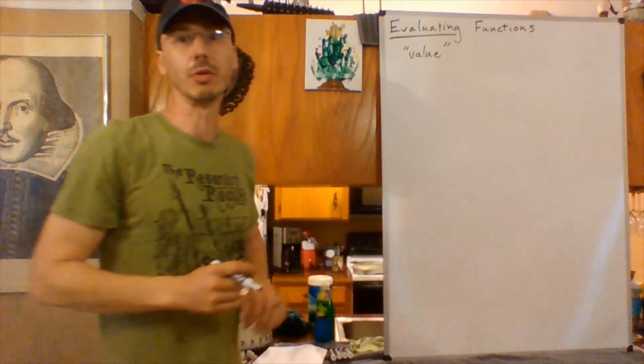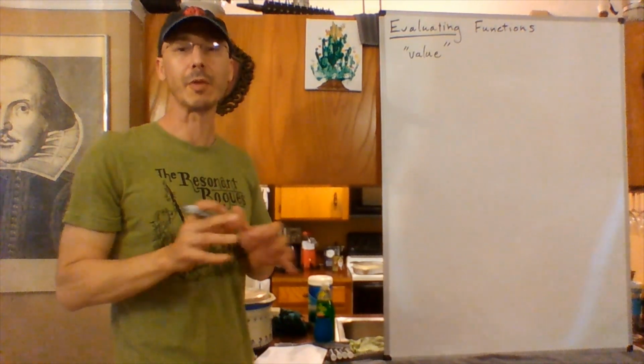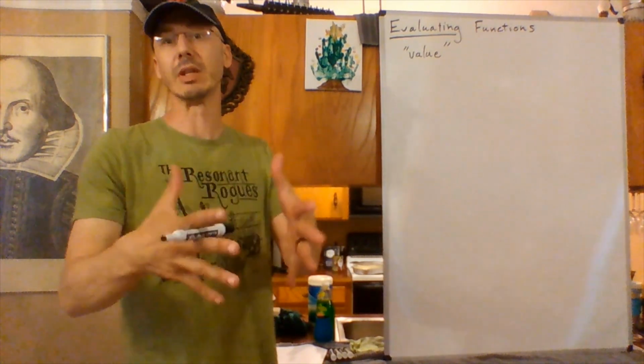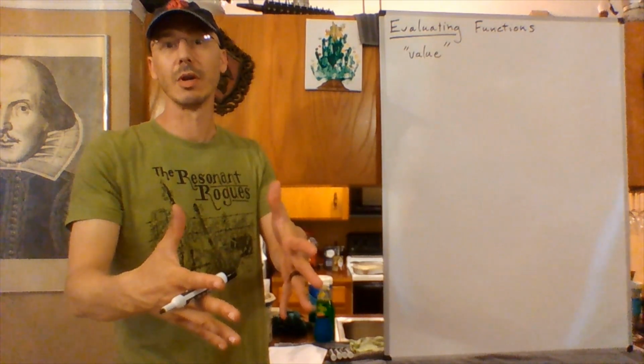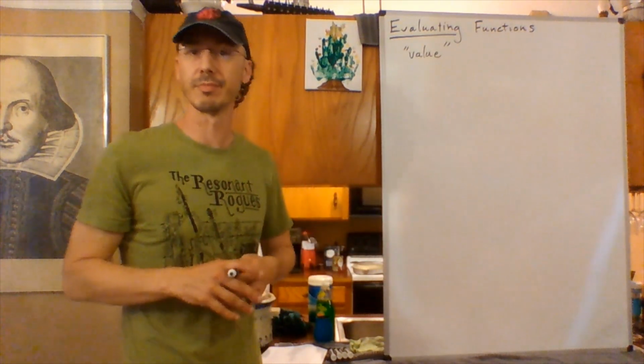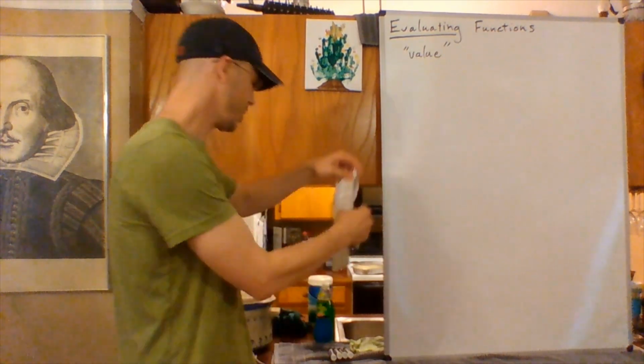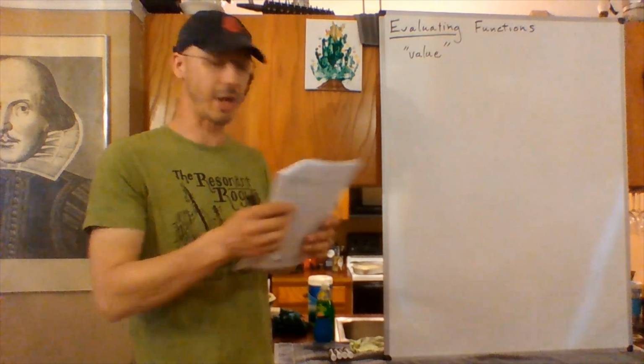It's value, and we're finding function values. At first, anyway, you'll be given input values. Later on, you'll have to come up with your own by experience and just being reasonable about it. But you've got to have some experience before that.